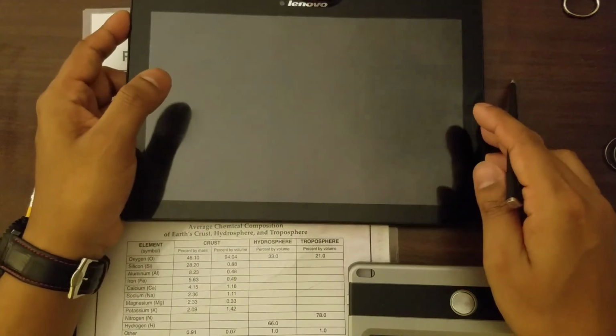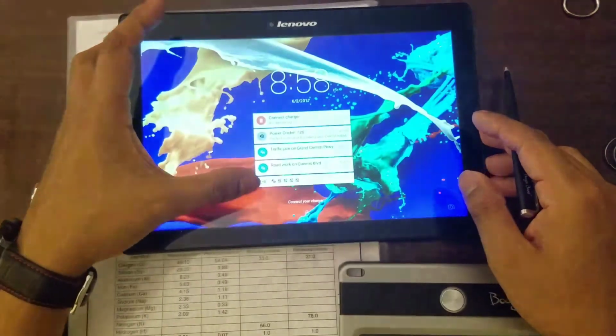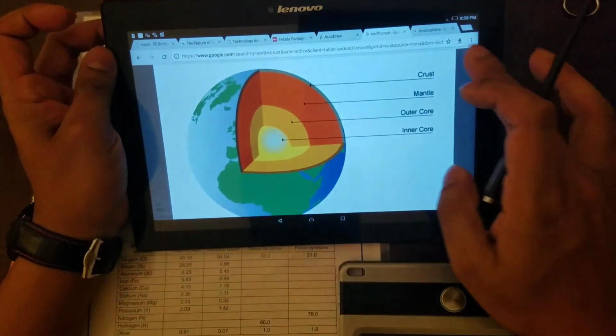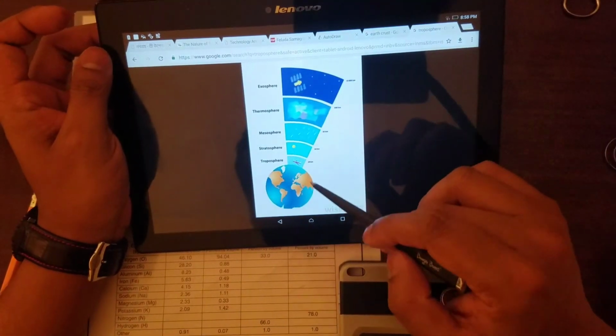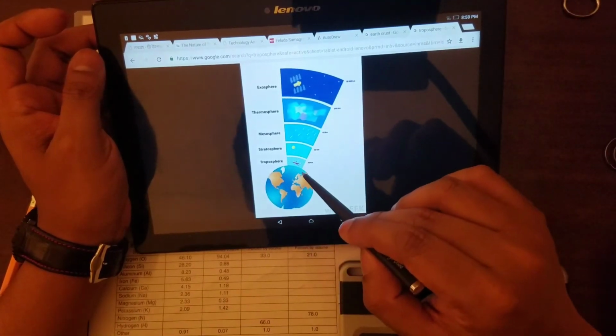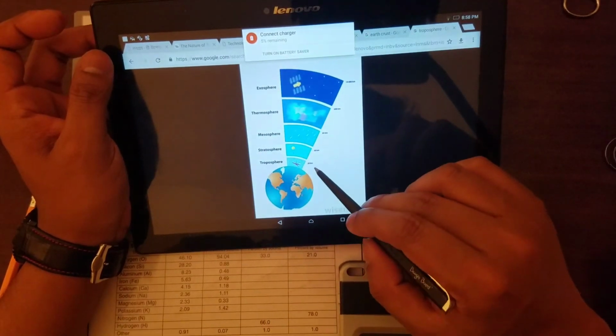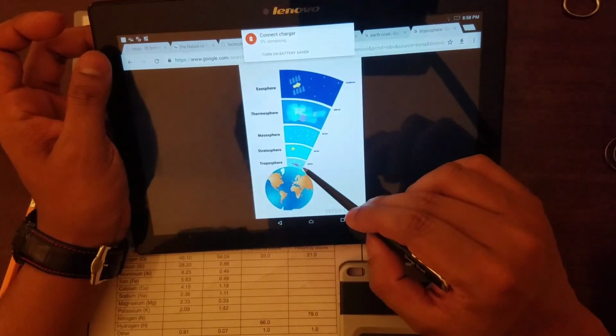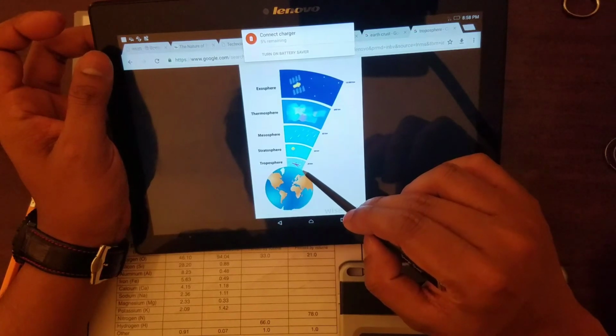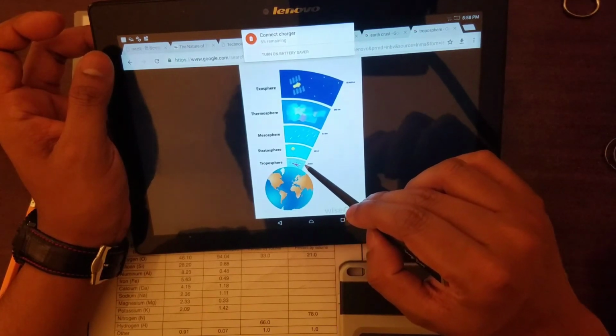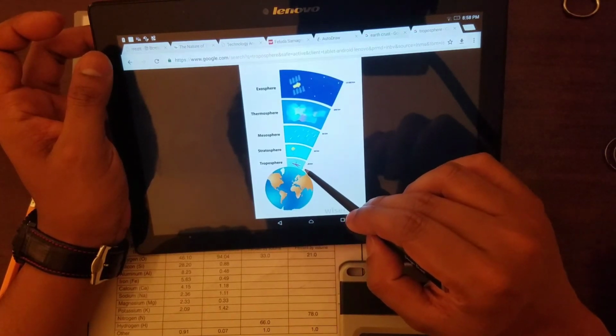And what is the troposphere? Let me quickly show you. Here is the troposphere, and this is Earth. The troposphere is the lowest region of the atmosphere, from sea level up to about 20 kilometers.